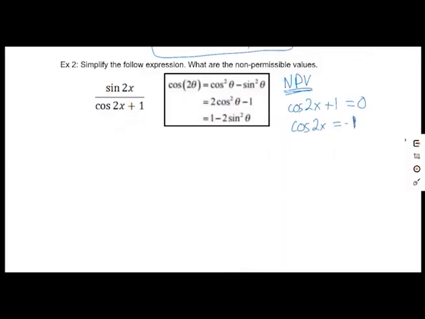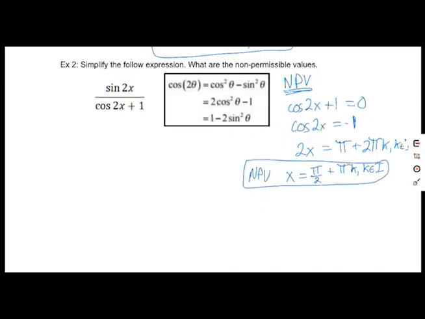If I take the inverse cosine, the inverse cosine of -1 is at pi, and I'm doing a general solution here because I want to find all of those non-permissible values. So I get for my non-permissible values that it's when x is pi over 2 plus pi k, where k is an integer. Okay, so those are my non-permissible values.